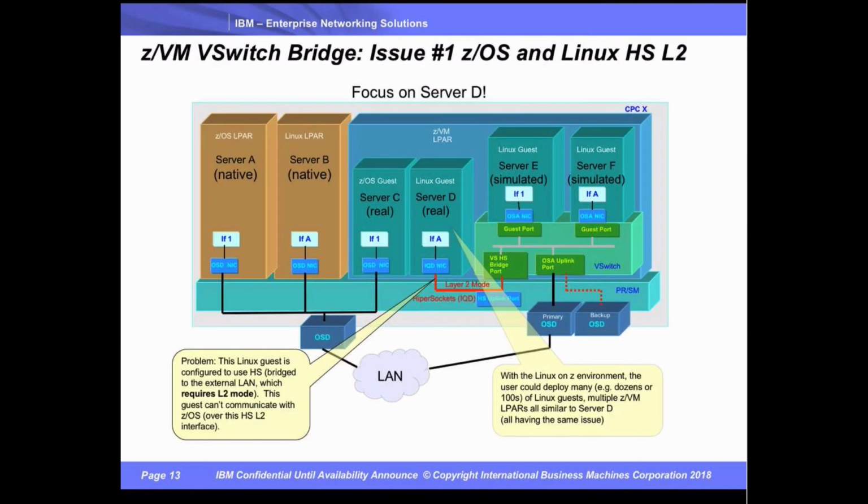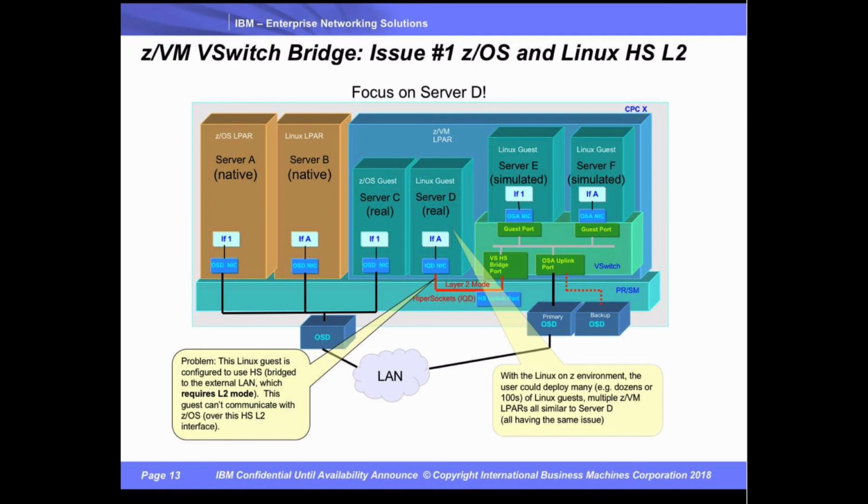Here on chart 13 we show the VM environment again with the vSwitch. We have servers C and D that are deployed using native devices, and servers E and F in the VM LPAR that are deployed using simulated devices, in this case the vSwitch. The server D we want to focus on, just for purposes of this discussion.